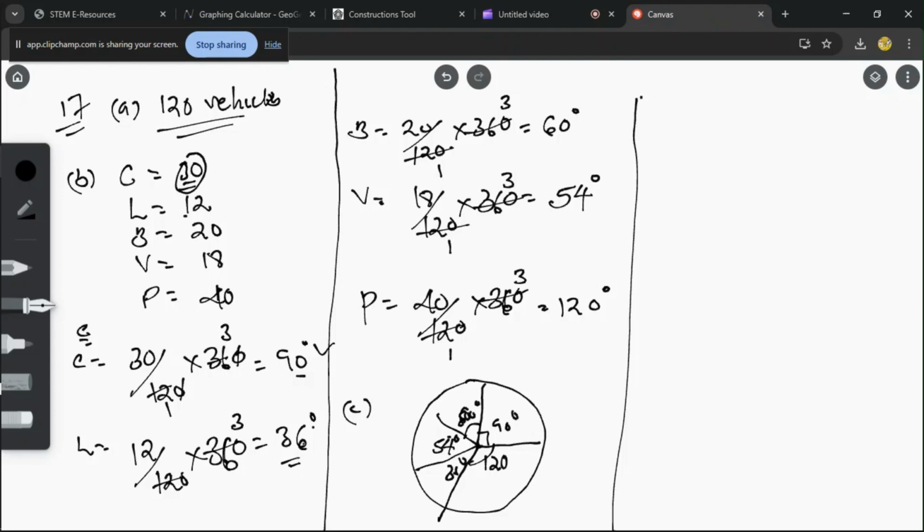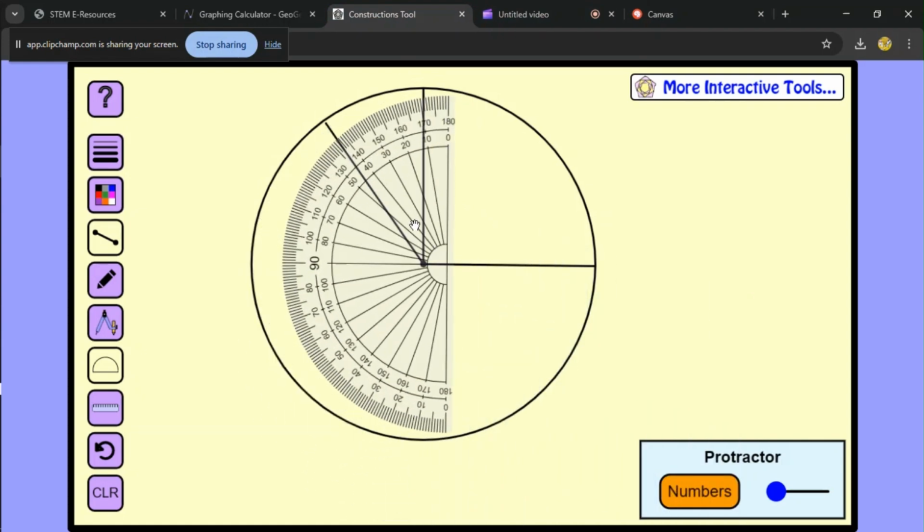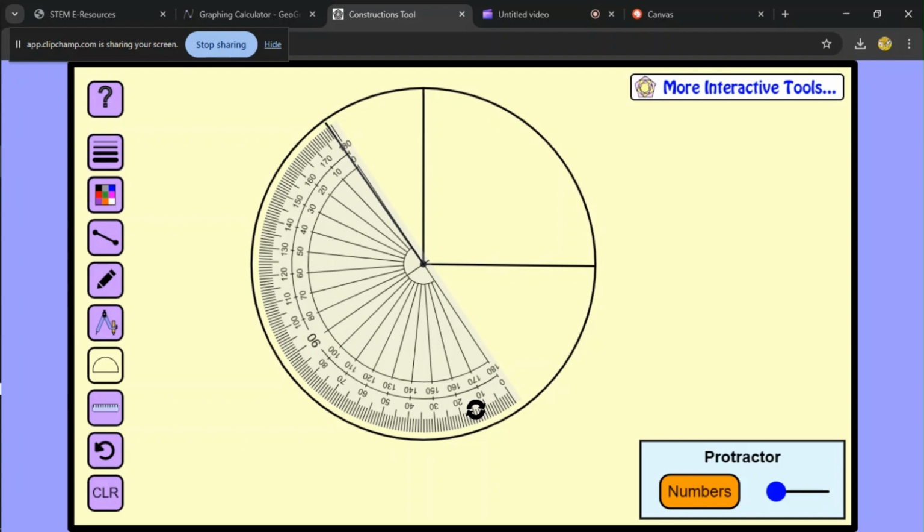an angle of 36. Then you have 60. So you have 60. I come and measure 60.